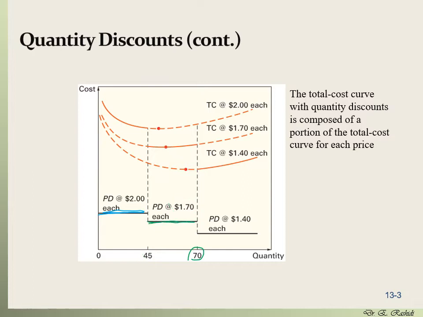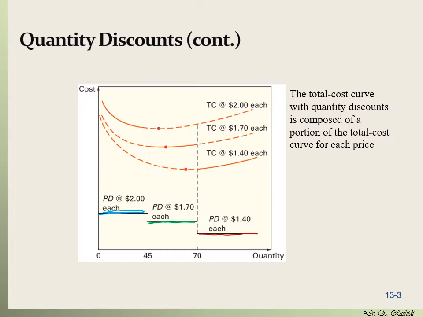And if you buy more than 70, you're going to get a discount of 60 cents. So your purchase price would be $1.40 and your purchase cost would be this line. So now we have 3 different purchase costs here based on the demand and quantity. And that's going to impact the total cost.